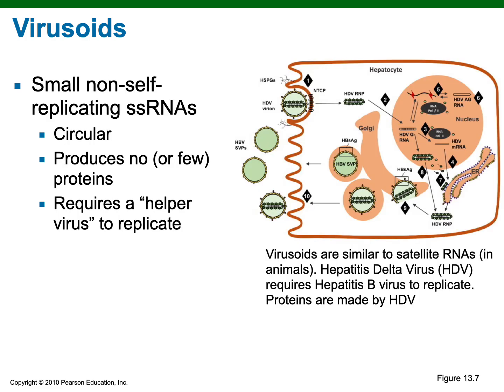These are virusoids. These are small, self-replicating, and when I say self-replicating, that means inside the host cell. They're circular, single-stranded RNA. They produce very few or no proteins, and they require a helper virus. Sometimes they're referred to as defective viruses.